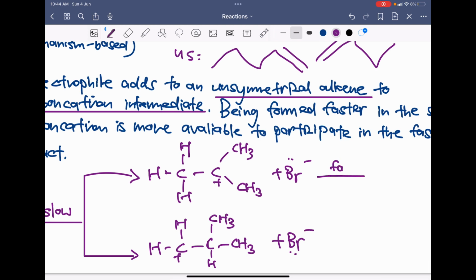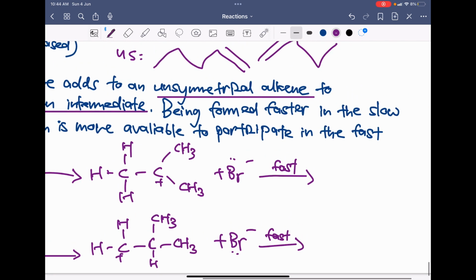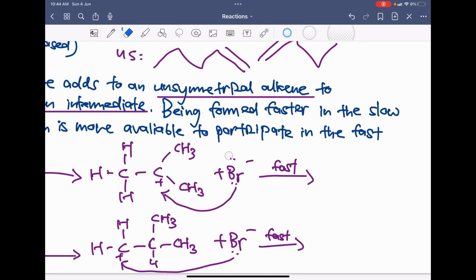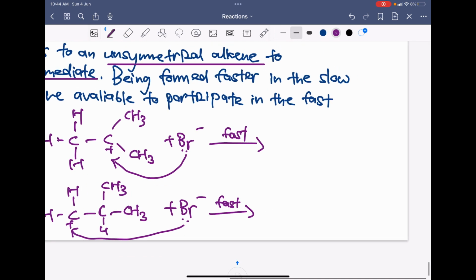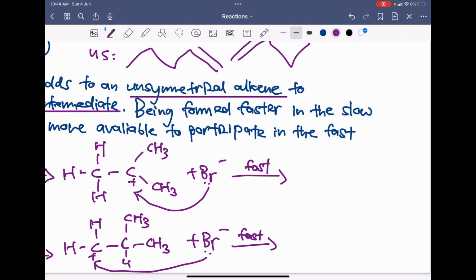And then it fast undergoes the second step. So fast step. Then it joins, and you would form two different products.